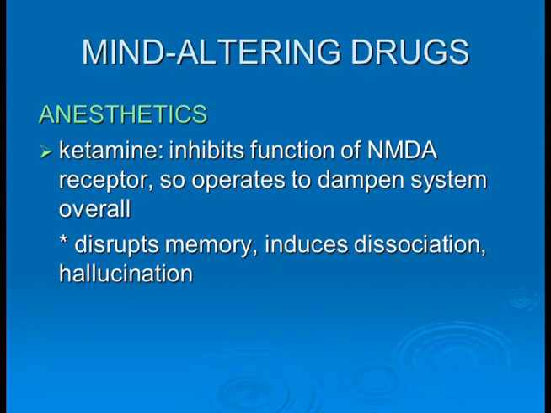Some of the phenospace effects are that ketamine disrupts memory, induces dissociation, and generates hallucination. So you feel dissociated from yourself and from the world, and you experience perceptions that aren't of reality.